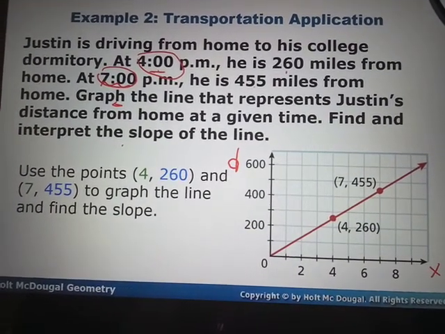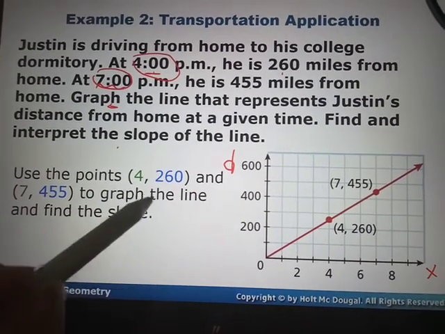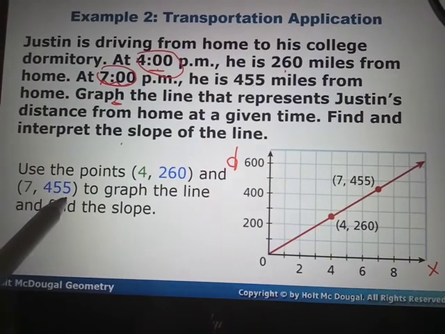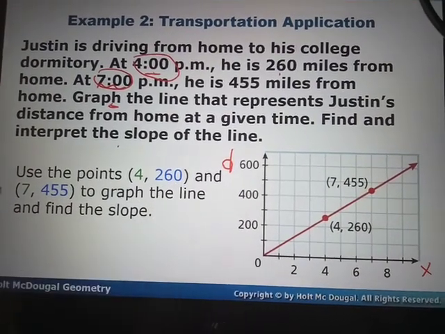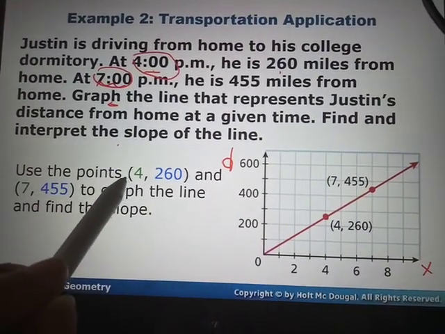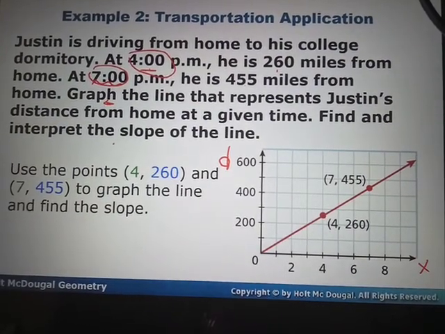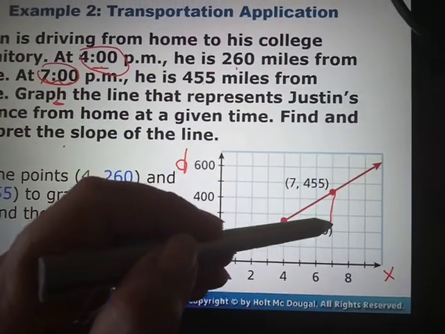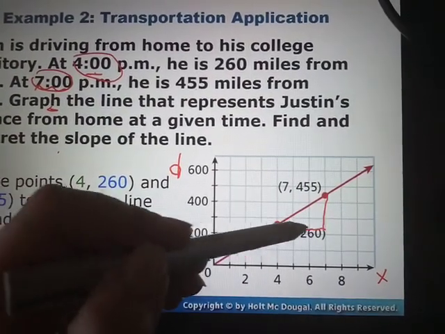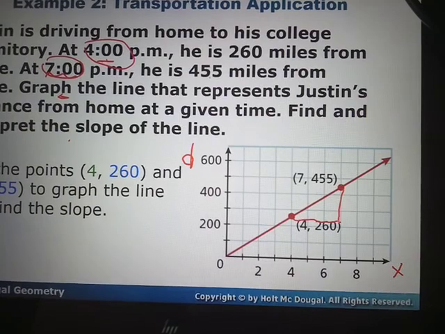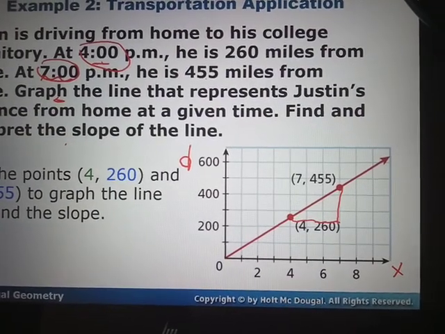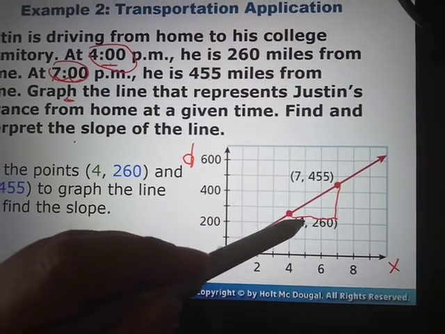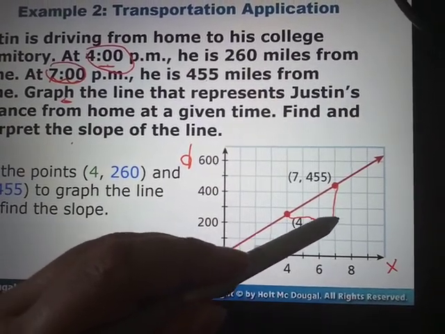How can we get the slope? Change in y over change in x. So 455 minus 260 over 7 minus 4. Okay, or we can draw a line. How many units here? 1, 2, 3.